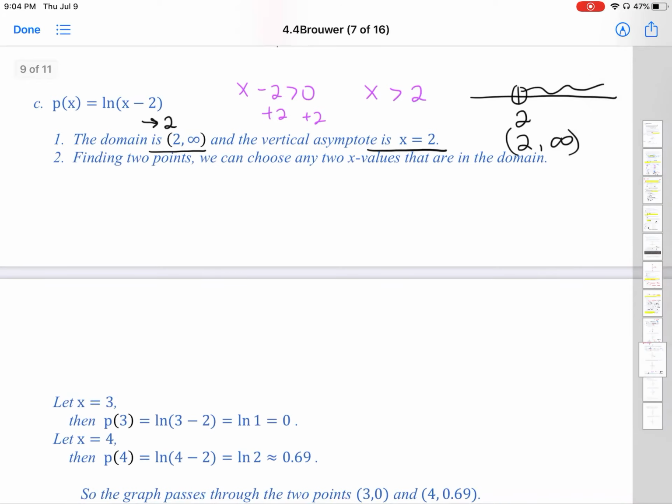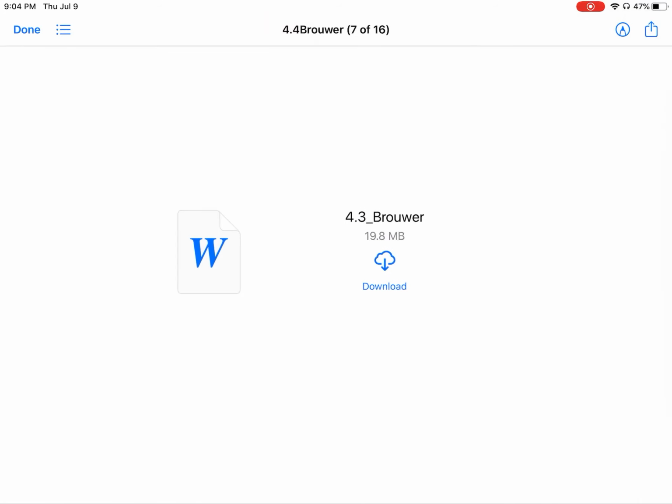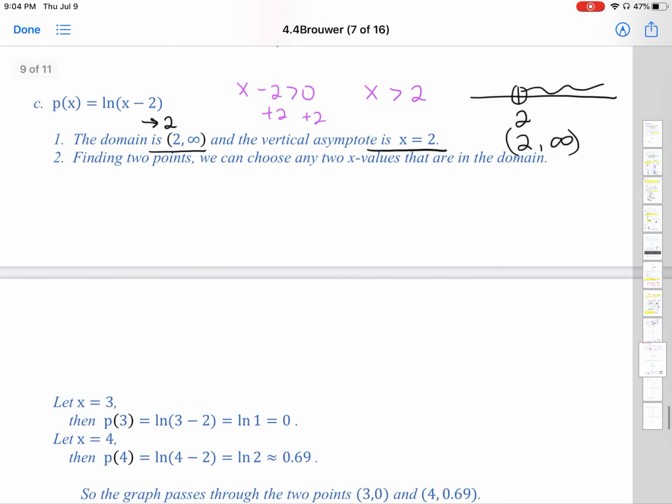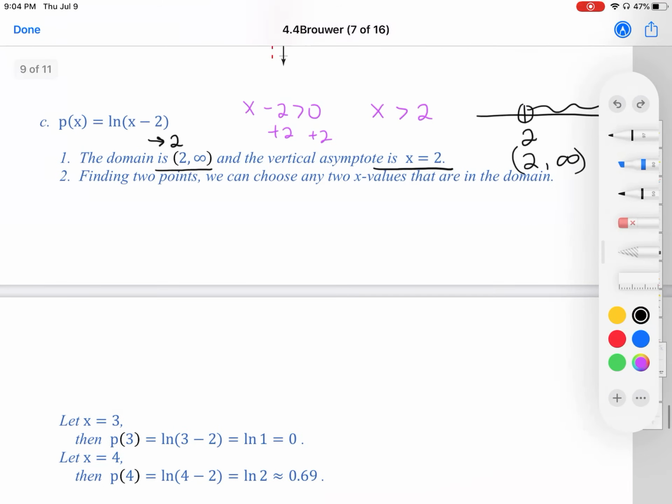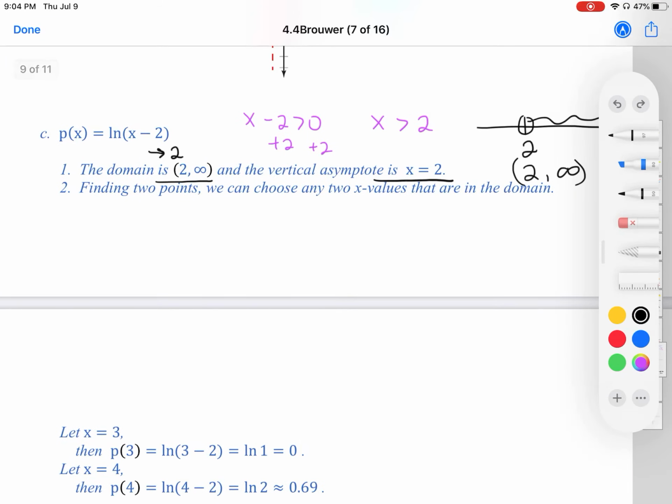Let's do this again. So again, we want to set up our values for the base. I know this is a base of e. Ln of a number is the same thing as log base e of a number. So I want to think, I know e to the 0 power is 1.